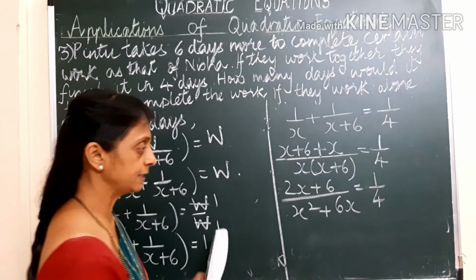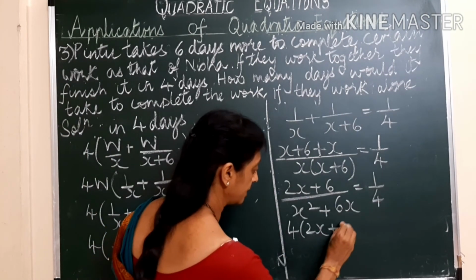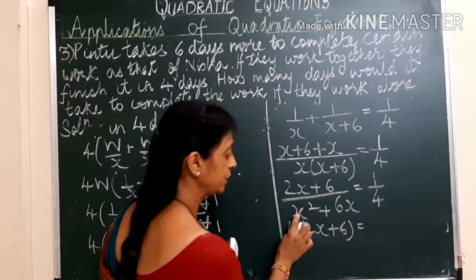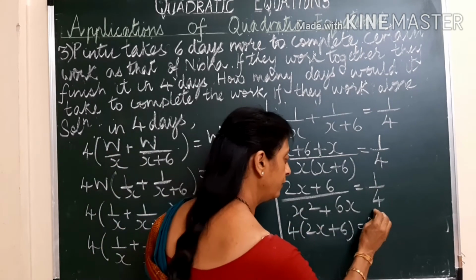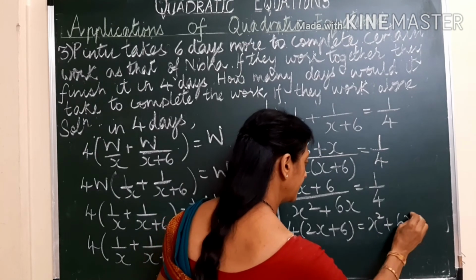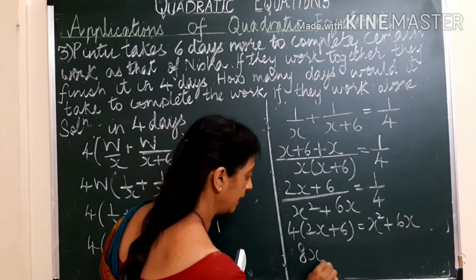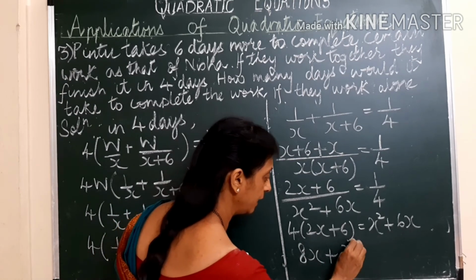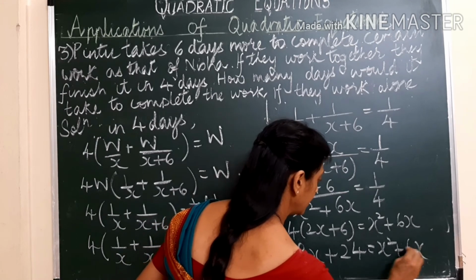Let's cross multiply. So 4 into 2X plus 6, 1 into the whole binomial, that is X square plus 6X, will leave you with X square plus 6X. Let's open the bracket. 4 2s are 8, 8X plus 6 4s are 24, which is equal to X square plus 6X.